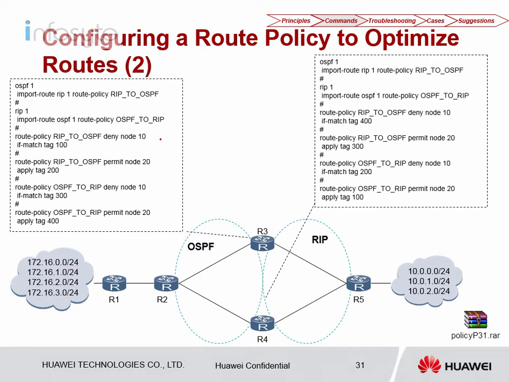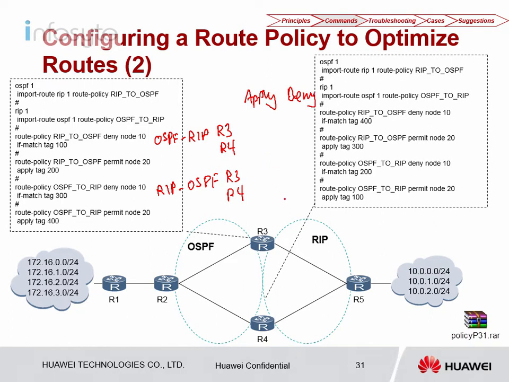So firstly, we have the OSPF to RIP, and we also have RIP to OSPF. So we have two routers here, R3 and R4, and for both of these we have the apply, and we also have a deny tag. Now let's look into how we can solve this puzzle.